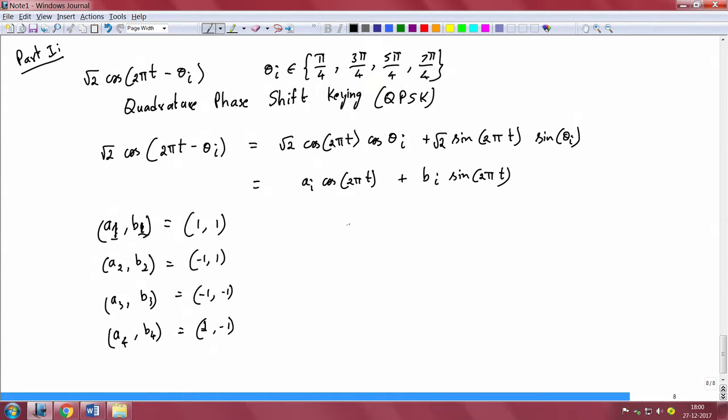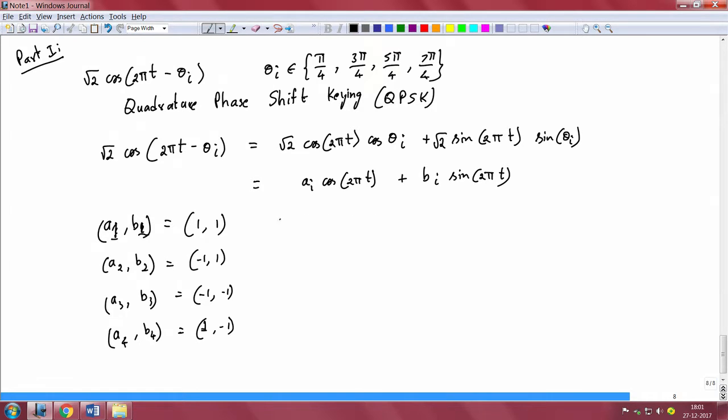And if you notice, this signal is written as a linear combination of 2 orthogonal signals, cos 2 pi t and sin 2 pi t. You can easily verify that cos 2 pi t and sin 2 pi t are normal signals also, that is, the energy in each of the signals is 1.